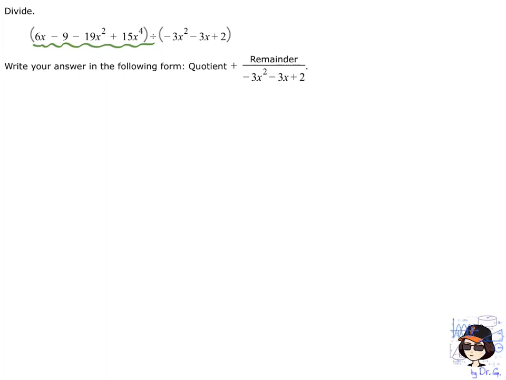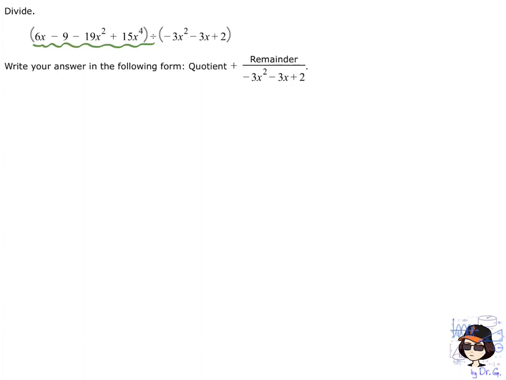We need to have both of our polynomials written in descending degree. Here, the highest degree is x to the fourth, the highest degree is 4, but that's not the leading term. So when we do the division, we have to reorder everything.